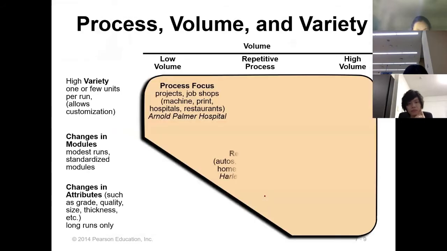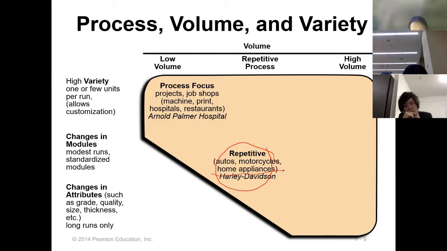Okay, so I'm going to show you the four strategies. I've already shown you repetitive earlier. Repetitive means automotive manufacturing, motorcycle, or even home appliances like television, washing machines.